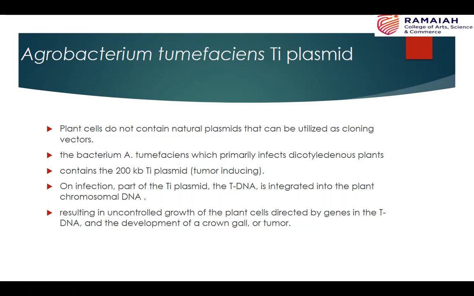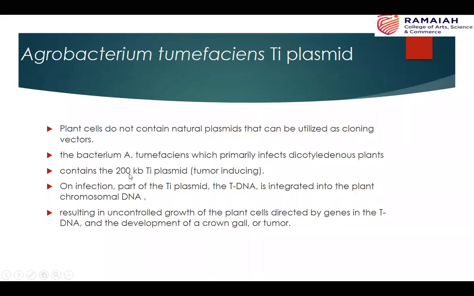But there is one bacterium called Agrobacterium tumefaciens. This bacterium infects dicotyledonous plants, and it contains a Ti plasmid of about 200 kb length. This Ti plasmid is the tumor inducing plasmid.